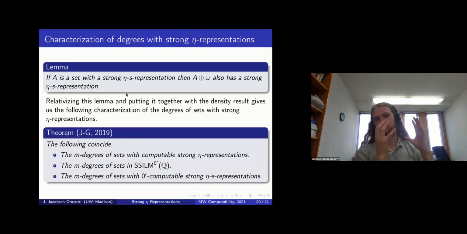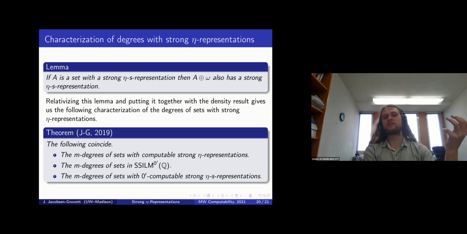So this relativizes, and then we can put it together with the density result to get our degree characterization below. The following sets all coincide: the m degrees of sets with a computable strong eta representation, the m degrees of sets in S-SOM zero jump of Q, and the m degrees of sets with zero jump computable strong eta S representations.